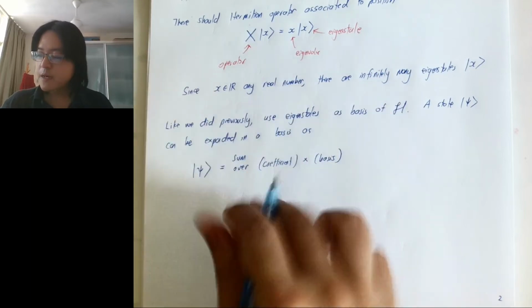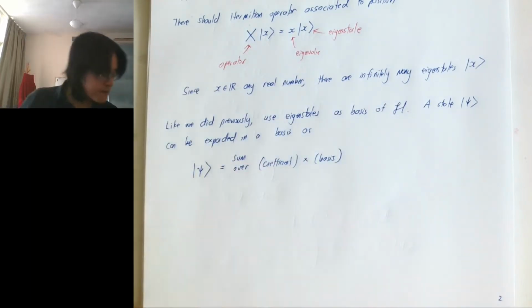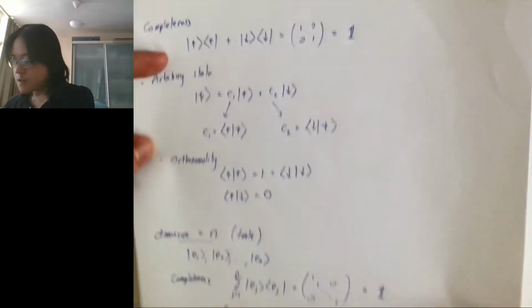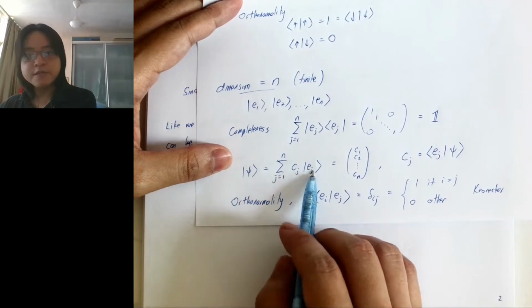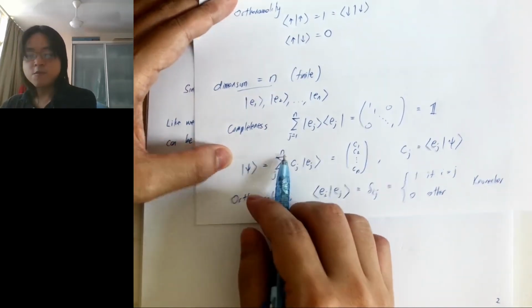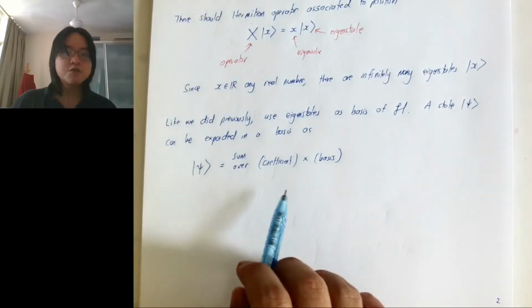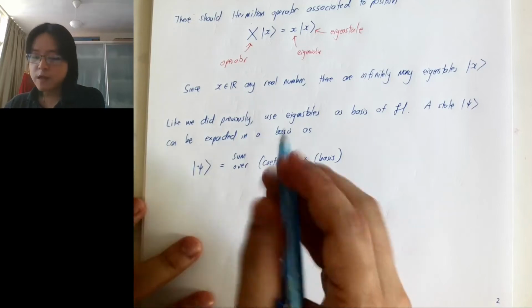So for a discrete set of states, we sum a coefficient times the basis. This is for finite dimension, so we sum from 1 to n. We want to try to do something similar for a continuous basis as well.